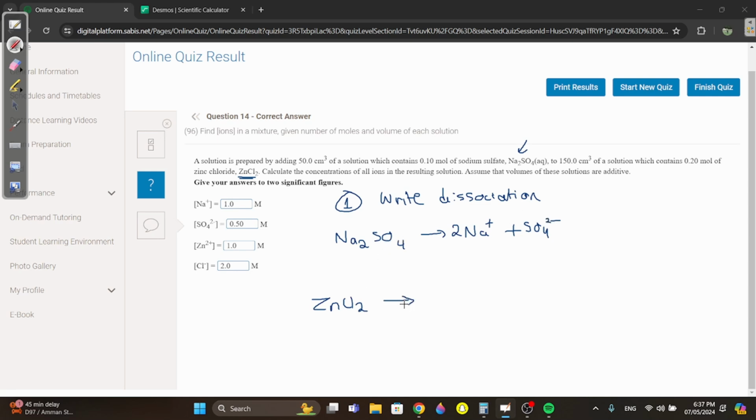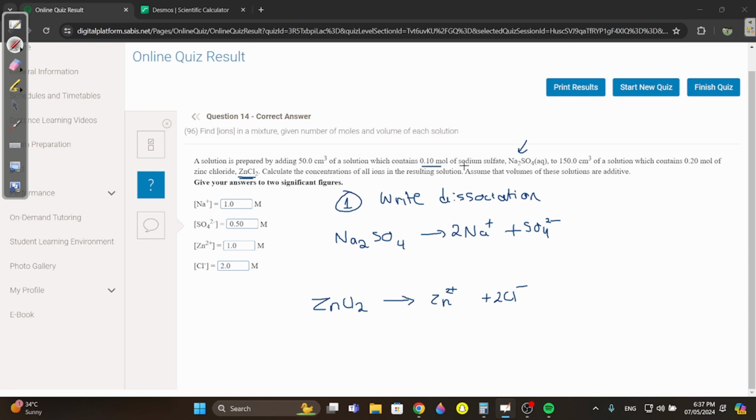ZnCl2 produces Zn and Cl. Remember, Cl can never be Cl2 when it's alone. When you're talking about ions, you don't put Cl2, you just put Cl, because we're talking about ions. If I said chlorine gas, you'd put Cl2. To balance it, you have 2 Cl's here, so you have to put 2 here. The charges don't really matter.